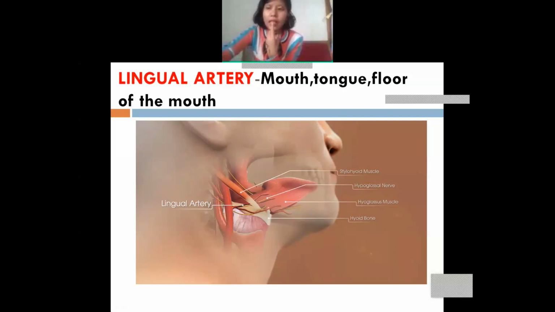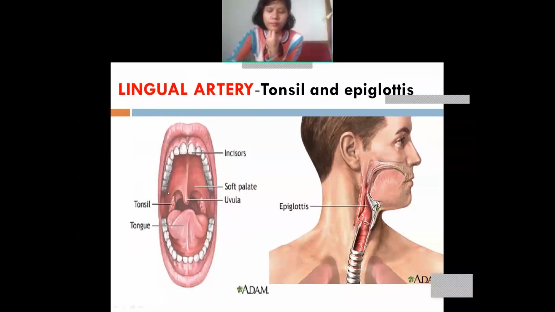So they will go and supply blood to the mouth, tongue, then floor of the mouth. So this is the lingual artery. I hope it's clear. And they also supply blood to the tonsil. This is the tonsil. Understand? This is the tonsil and as well as epiglottis also. This is the epiglottis. Understand?